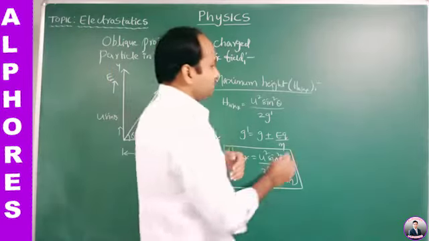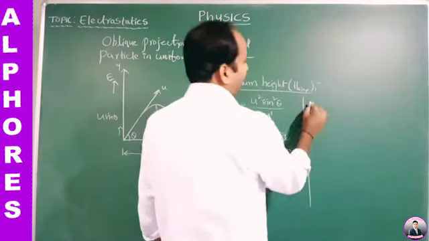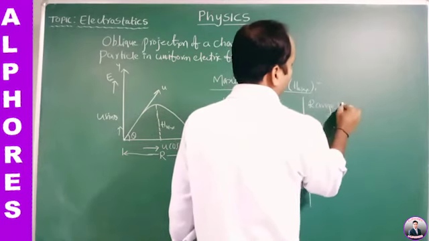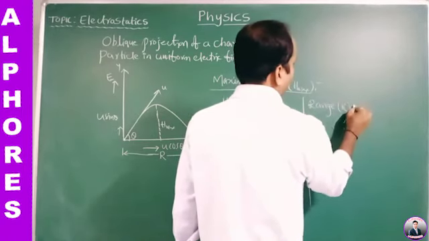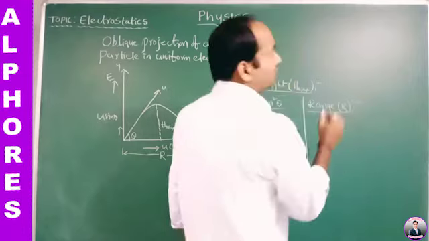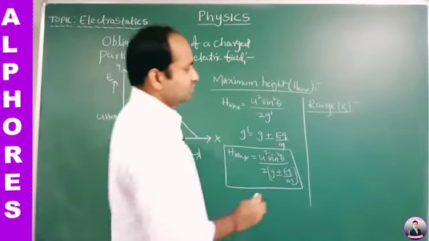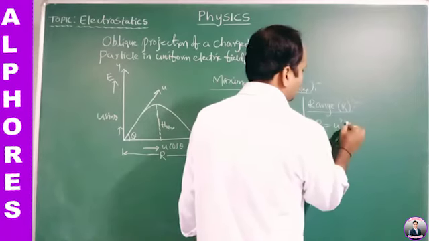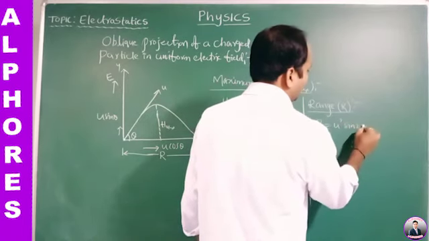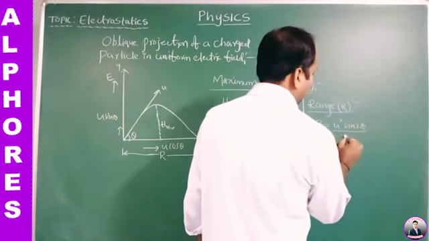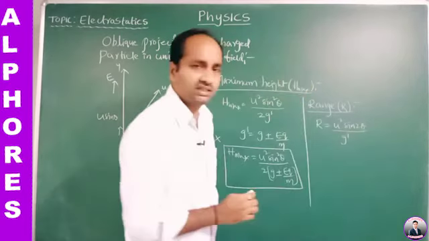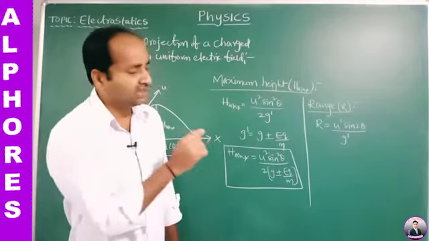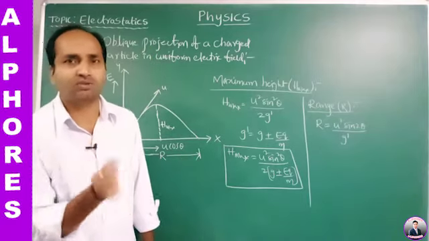And what is the expression for range? Range of a projectile, or range of the charged particle here. Generally we know that R is equal to u square sin 2 theta by g, but here also you should write g dash. g means only the gravitational field is present, acceleration due to gravity.